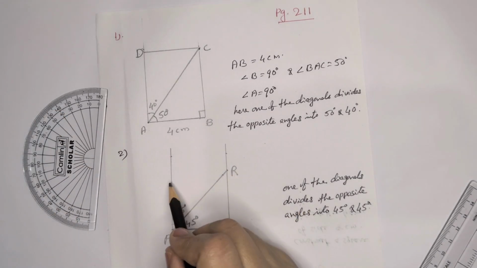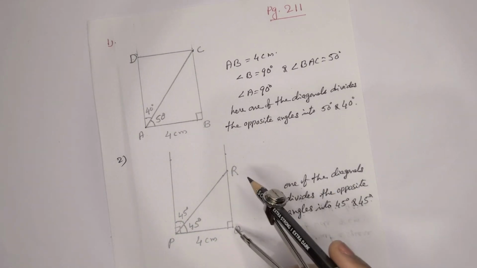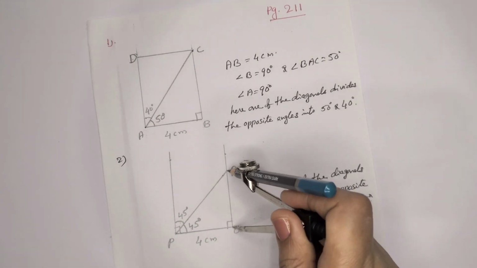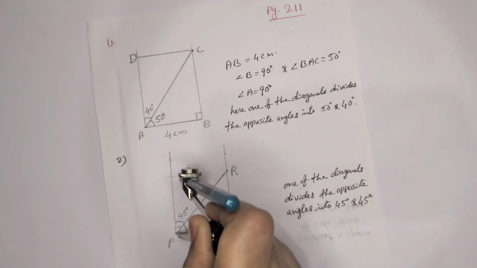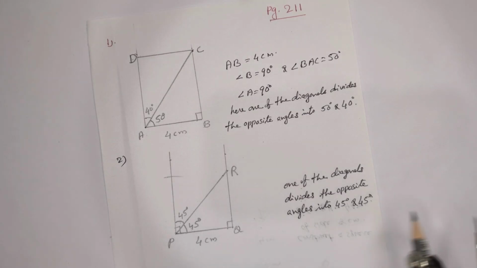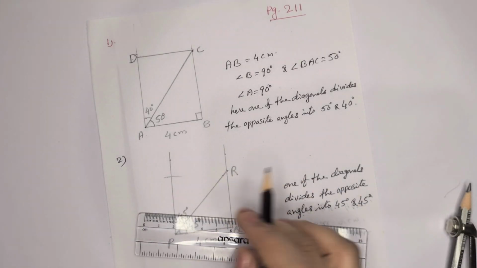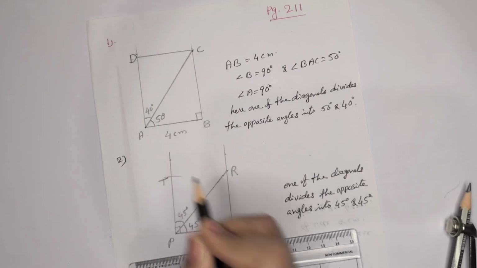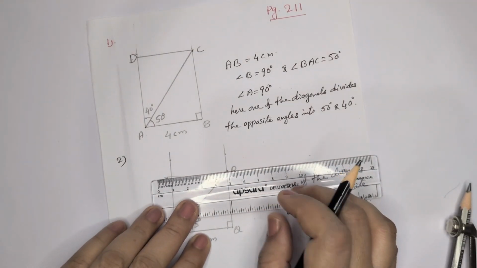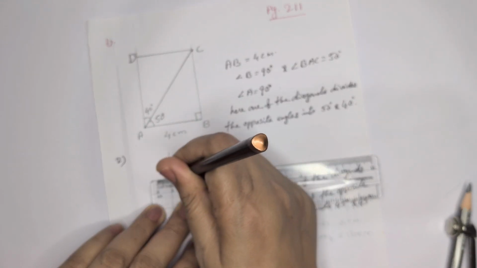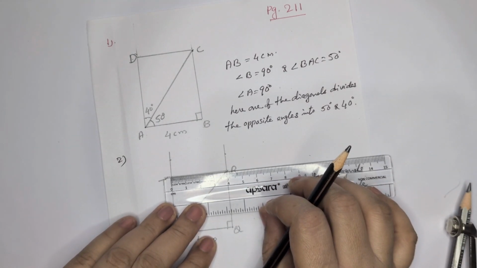Now we can join these lines together through R. Take the distance QR in the compass. Same way from P, same distance. Rectangle opposite sides are equal. Then join these two points, R, S, T. When you measure, you can see that it's a correct 4 centimeter.